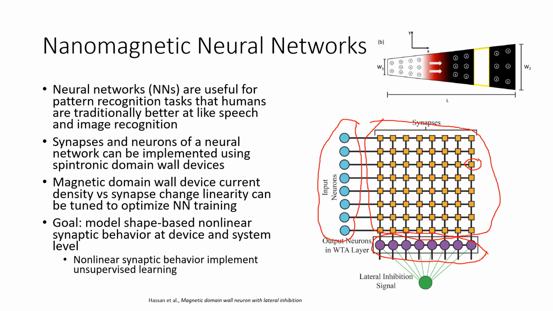But our main focus is to be able to modulate the current density versus weight change linearity to optimize neural network training. And making nonlinear behavior happen would help implement unsupervised learning, which is a neural network method that I don't really want to get into, but it's useful for people who do know what neural networks are to know.